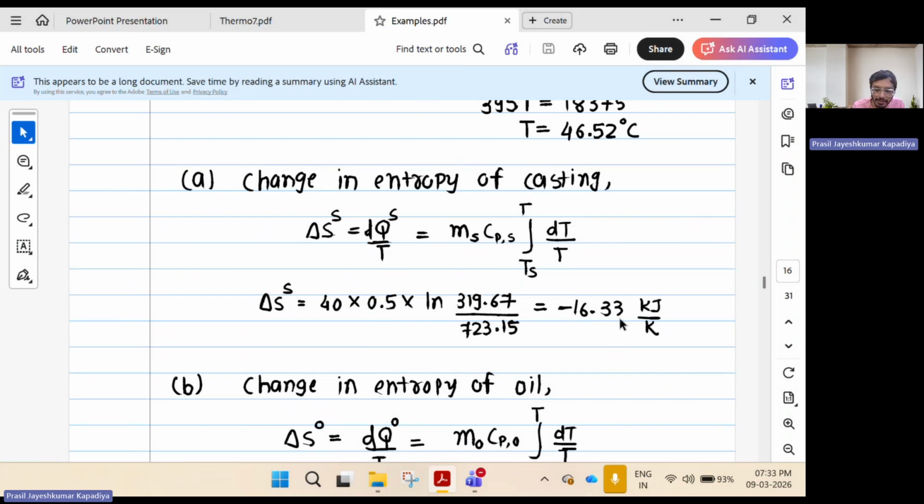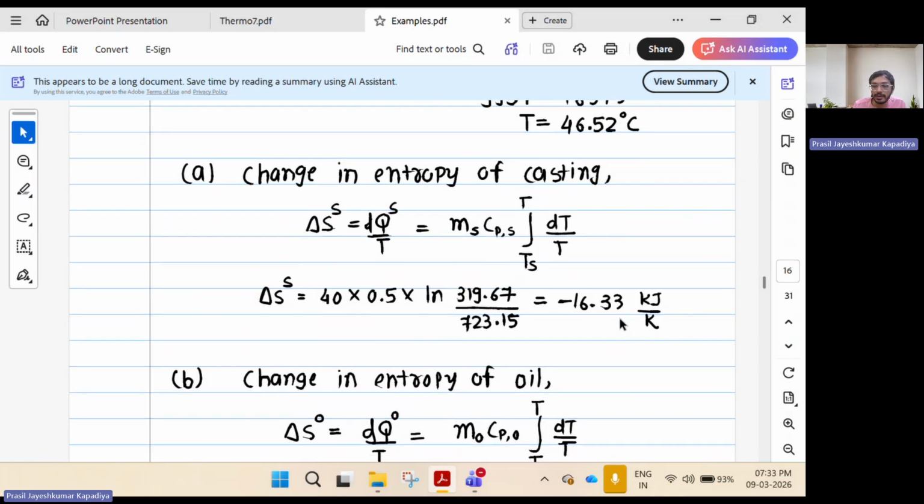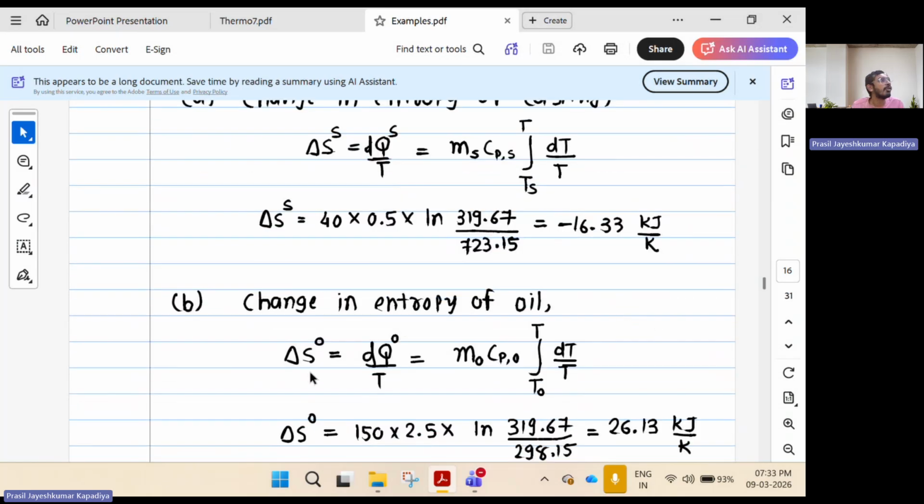Now, similarly, I need to find the change in entropy of oil. So delta S of oil is equal to dq of oil divided by T. That is nothing but mass of oil, Cp of oil, integration T0 to T of dT by T. Again, dT by T gives ln T, and the limits are T0 to T, so ln T by T0.